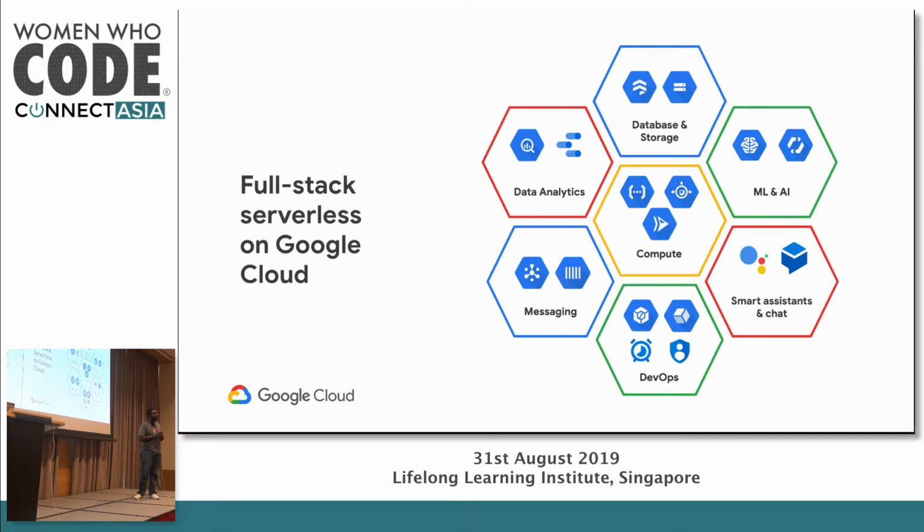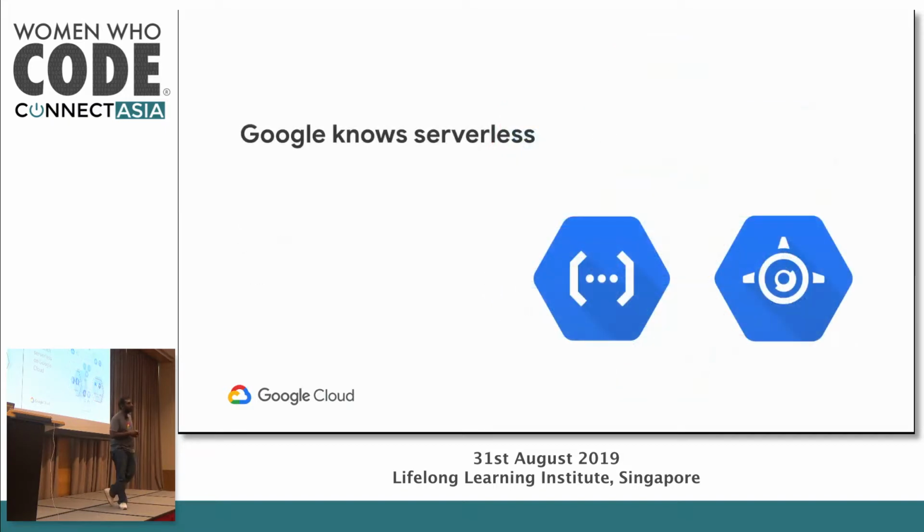You said about the two logos that you showed us. Yeah, the one on the left is Cloud Functions, and the other one is App Engine. So do we really need to have this? Actually, because an app is several functions.